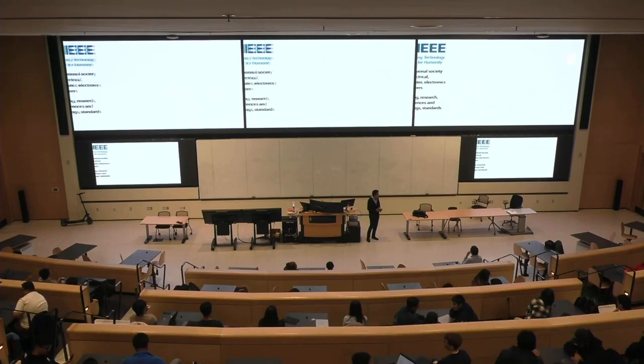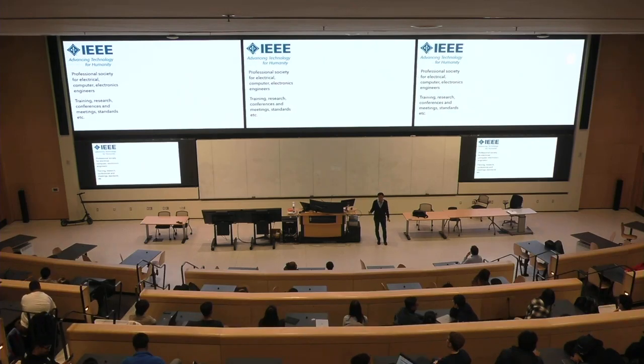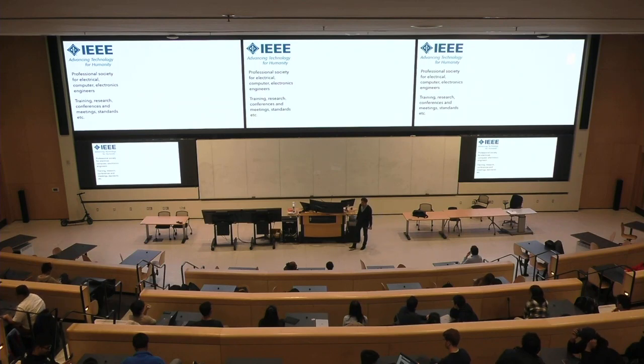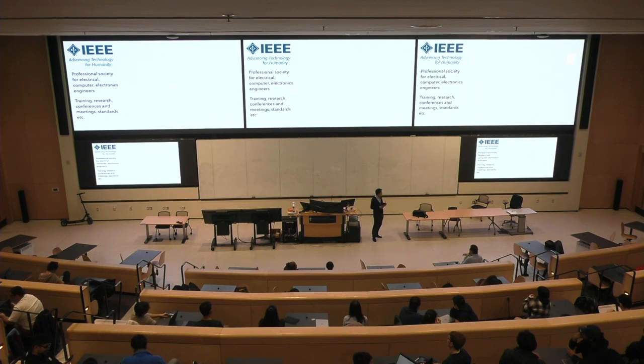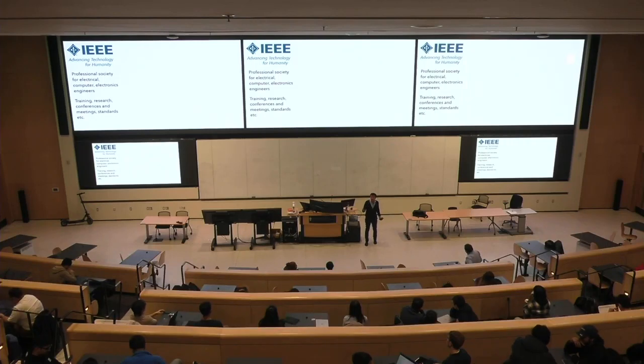So the IEEE is an important organization for engineers, especially computer and electrical engineers. It's a professional society for electrical, computer, and electronics engineers. And what they do is publish a lot of research. They do a lot of training in different fields.